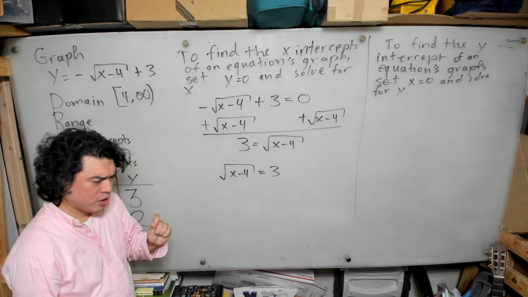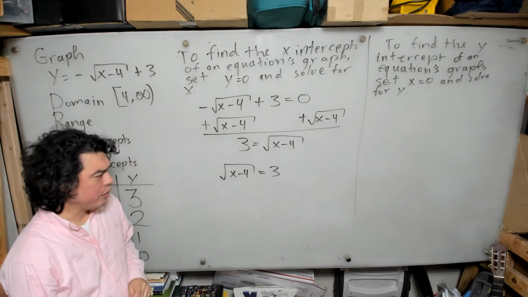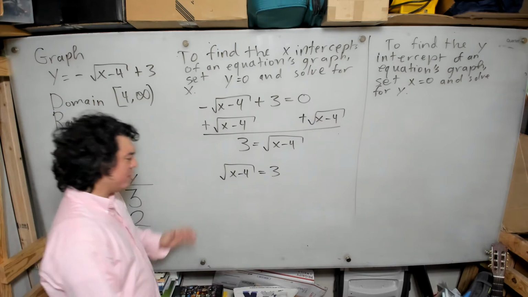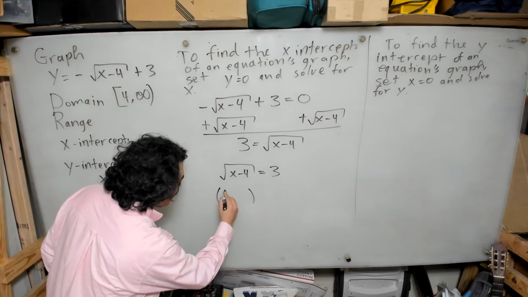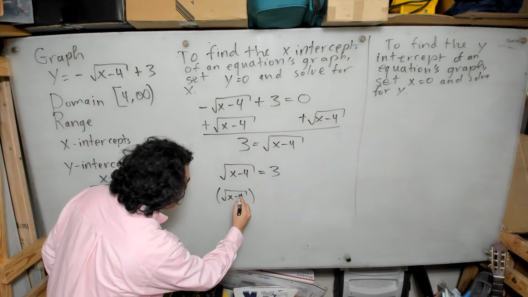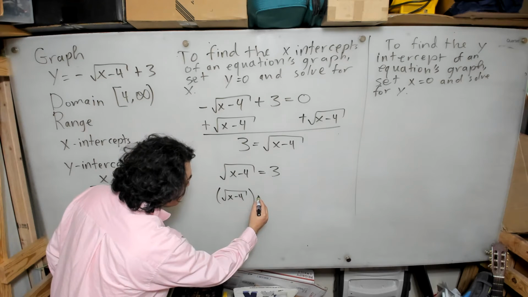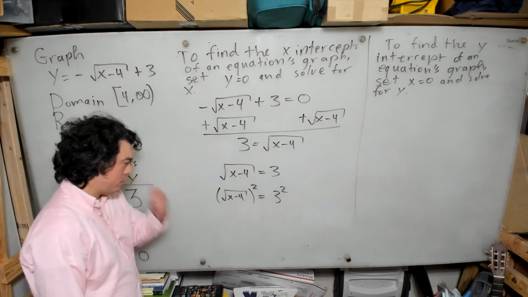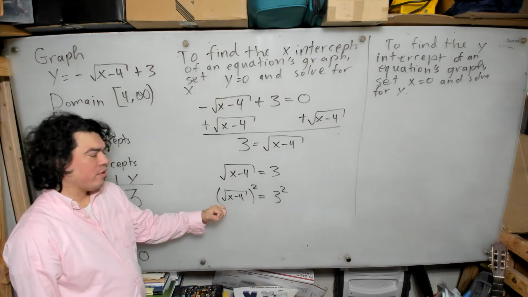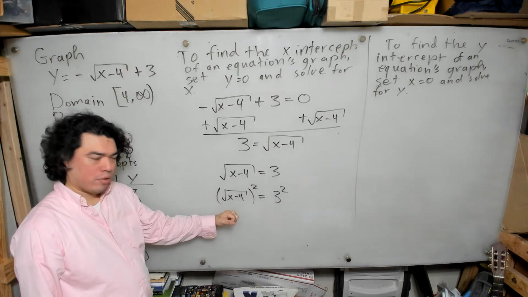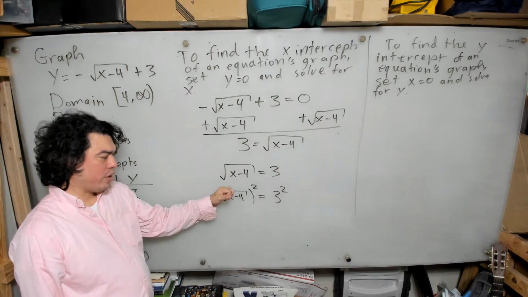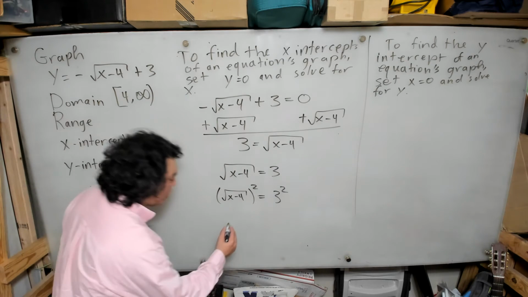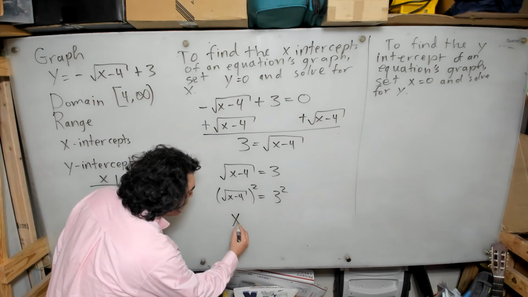What is the operation that is the opposite of square rooting? Aha, we're going to square it. We're going to square both sides of this, okay? Now when we have x minus 4 and we square root it and then we square it, the square undoes the effect of the square root, so we get x minus 4.